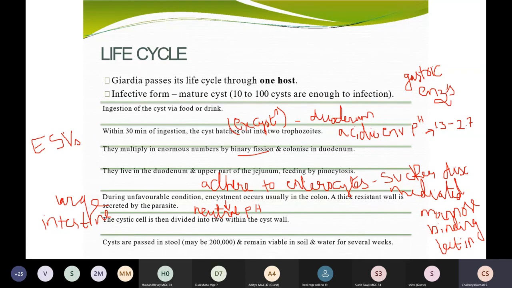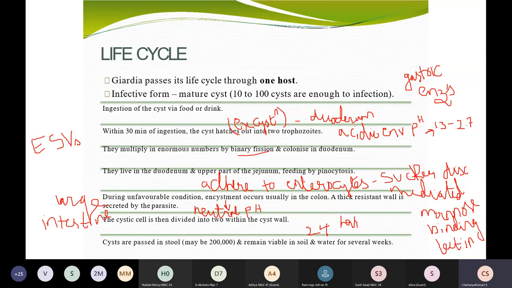Is it clear? Yes. That cyst form will be found within 24 hours here. Within 24 hours, you can see all the trophozoites will be converted into cyst form.